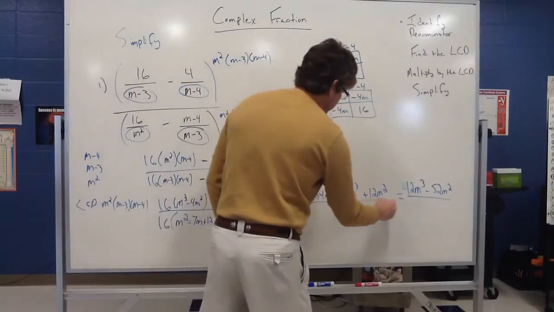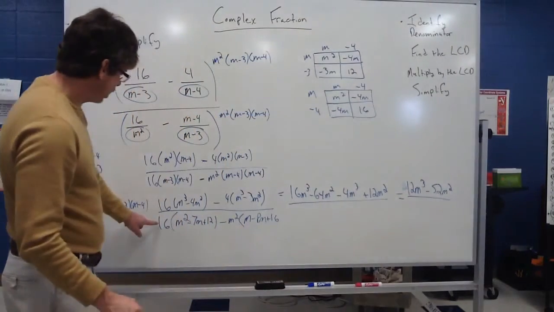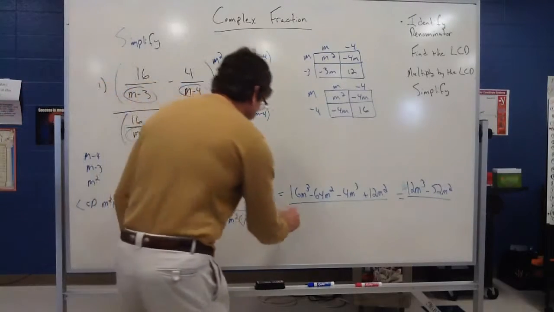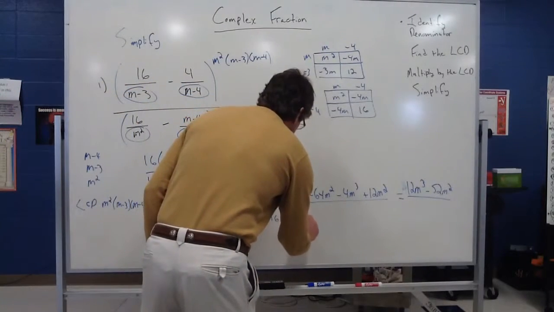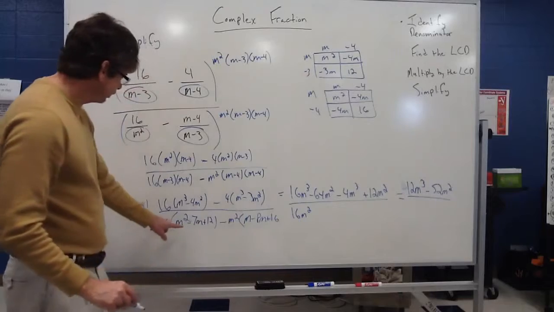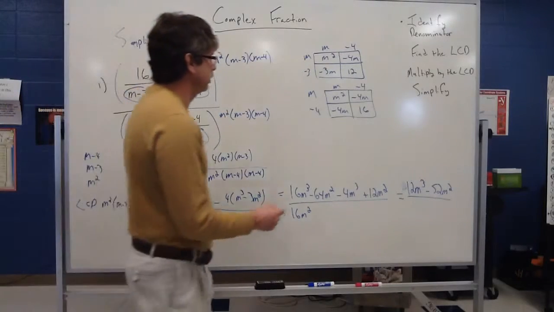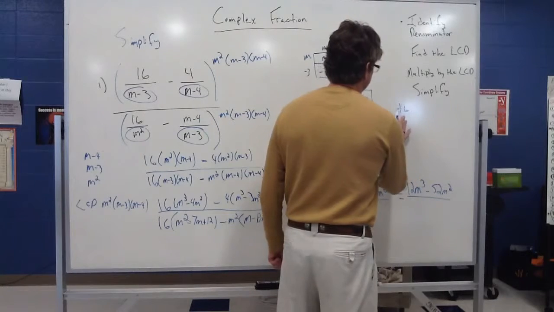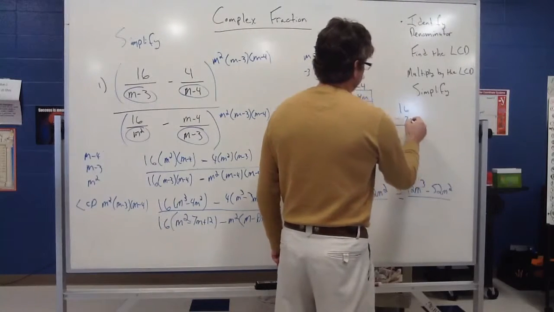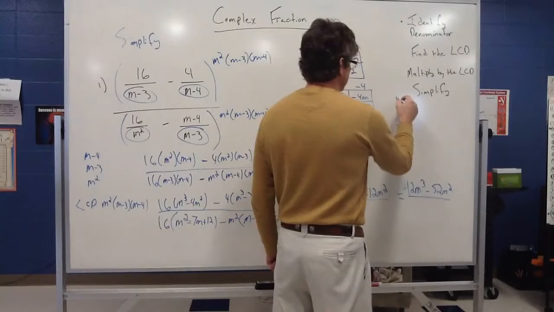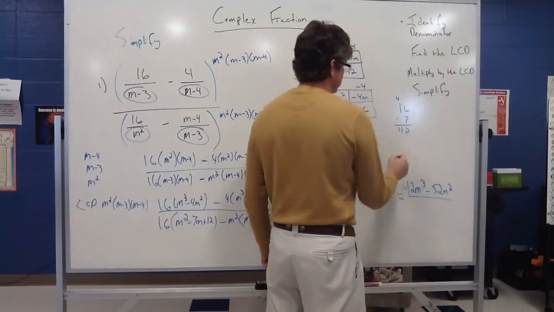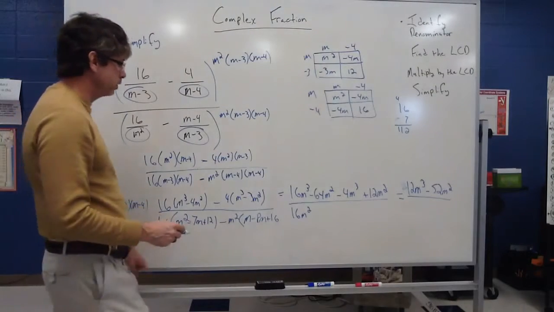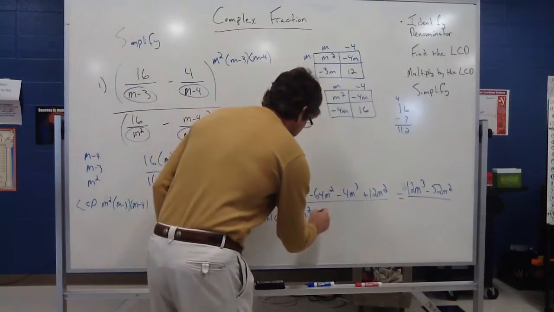So now I'm going to bring my fraction bar over here. I want to go ahead and remove those parentheses out of the problem. So 16 times m squared is 16m squared. 16 times a negative 7, well, I need to do some math there. 16 times 7. 7 times 6 is 42, carry the 4. Is that 112? So 16 times a negative 7 will be a negative 112m.